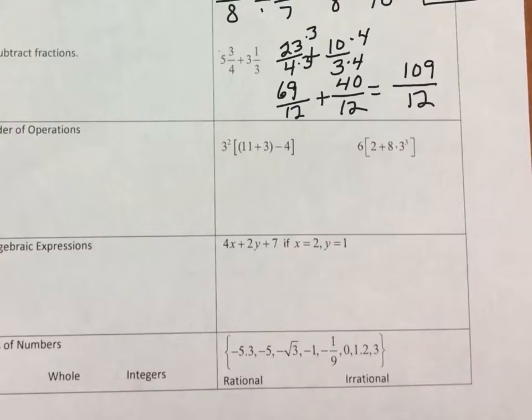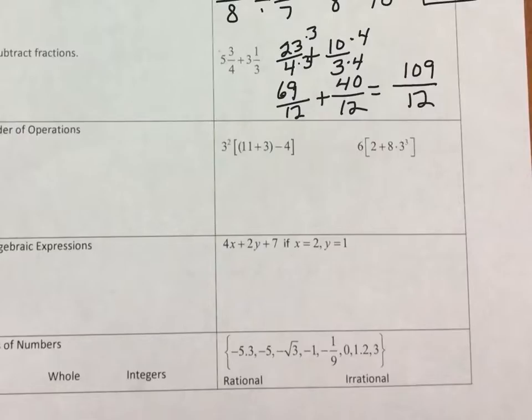You're like, I don't know. Well, let's think through it. Okay? Let's think about the factors of 12. Like 2. 2 won't go into 109 because it's not even. 3 goes into 12.